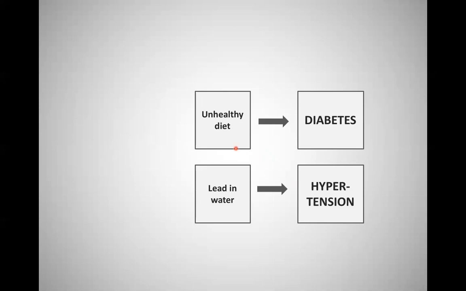Of course there's the genetic, there are other physical activity and other factors, but for the sake of simplification, if we think about diabetes as the health outcome and unhealthy diet as the pathway or the behavioral risk factor that leads to the onset of diabetes, then we have another health outcome, which is hypertension.